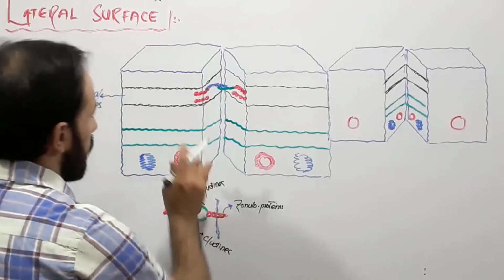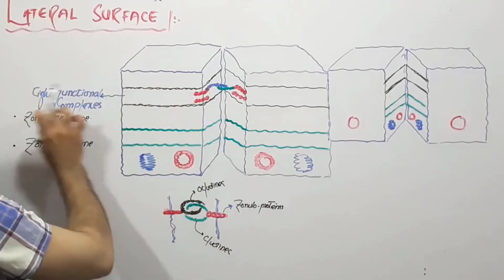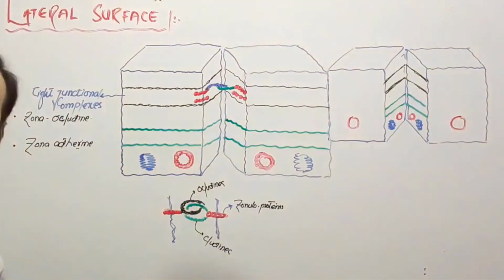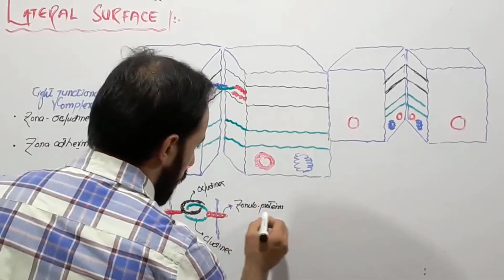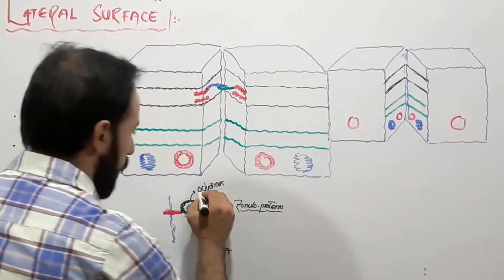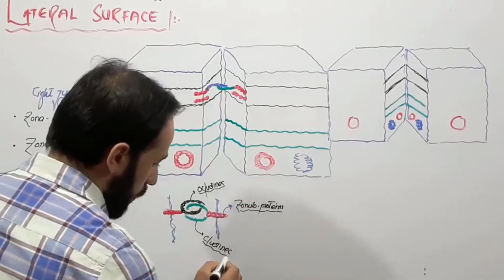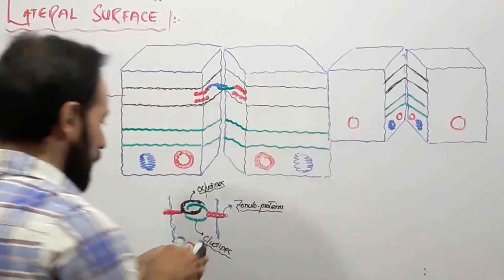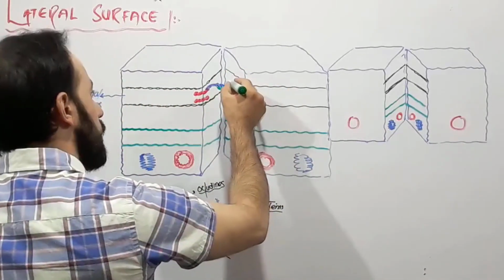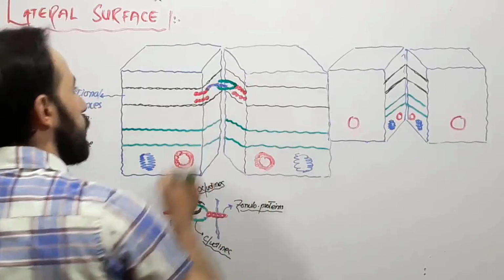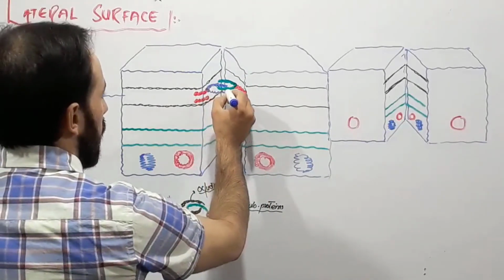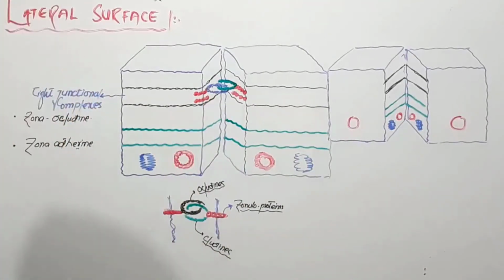So in the zona occludens, what proteins are present which hold the cells together? These are the zonular proteins, occludens and occludens. They make strong connections between these cells and they don't allow the cells to run away, and they have a very strong friendship with each other, right.